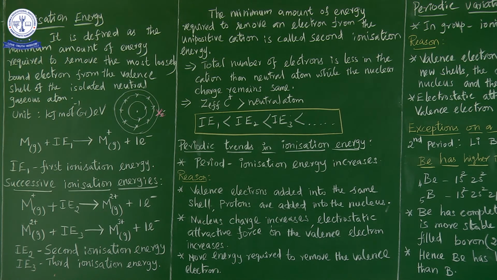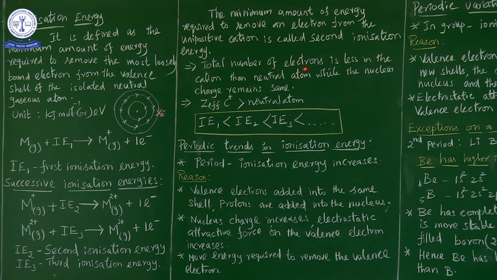For Na plus, after losing one electron, so one electron loss பண்ணதுக்கு அப்புறமா it gains Na plus, one positive charge. For Na plus means it loses one electron from 11. So for Na plus, the total number of electrons is 10. So total number of electrons is less in the cation than the neutral atom. அப்போ sodium neutral இருக்கும்போது 11 electrons present ஆயிருக்கு and then it exists in the cationic form, it loses one electron, 10 electrons are present.